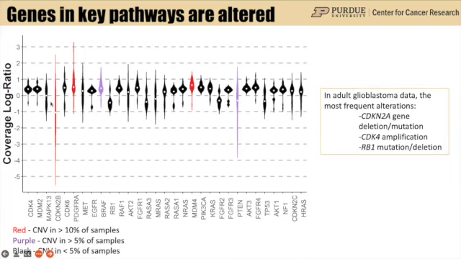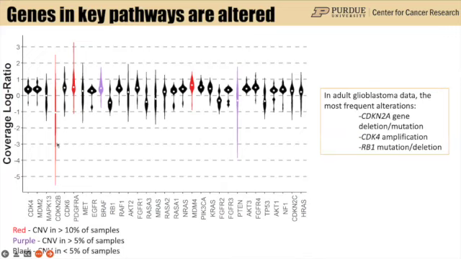These are violin plots, so these are basically density plots of the distribution of copy numbers of each of these genes across all the samples. We have colored the density plots, or the violin plots, for certain genes in either purple or red.